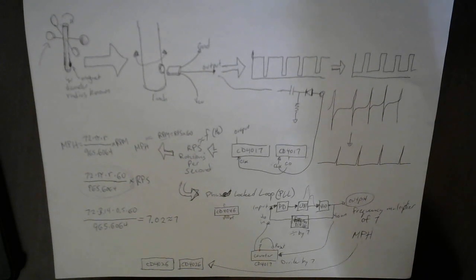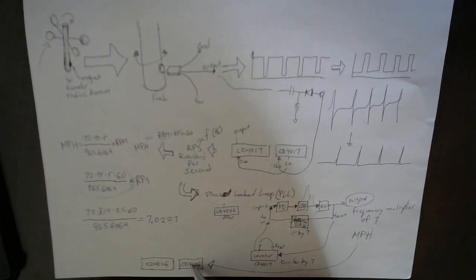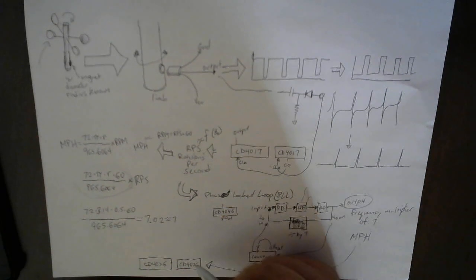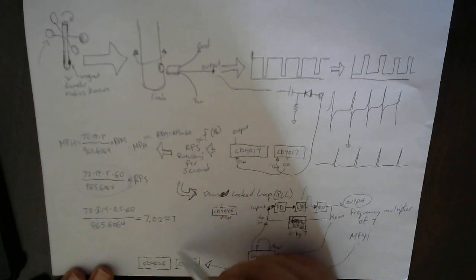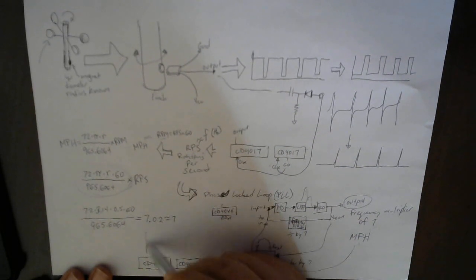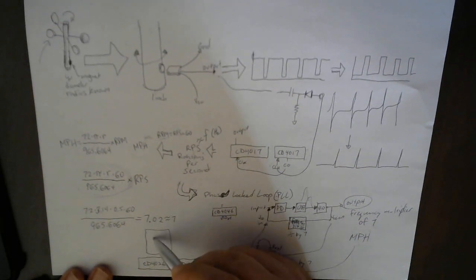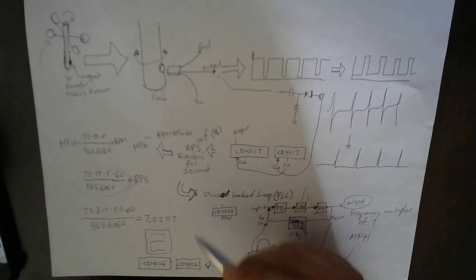But not only is it a type of counter, it's a decade counter, but it doubles as a driver of a 7-segment display. So those things on your clock radios, you know, that have the digital values that are 7 segments.